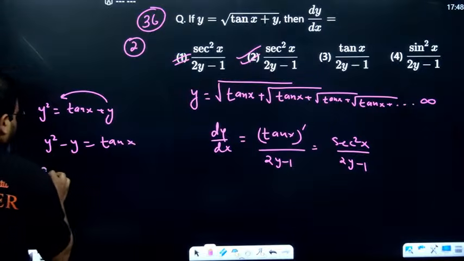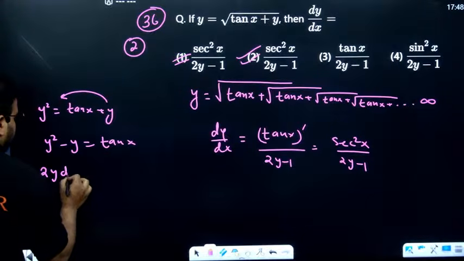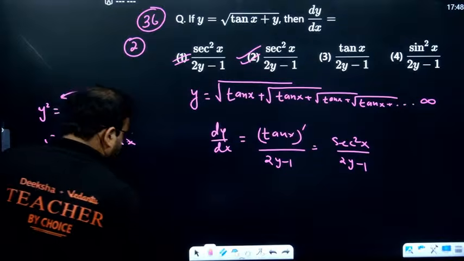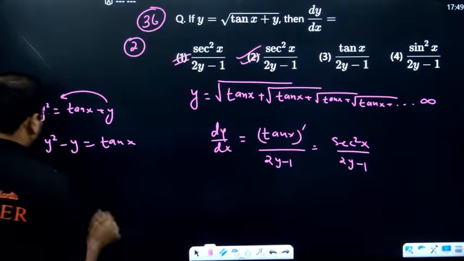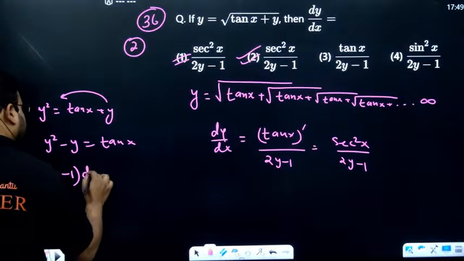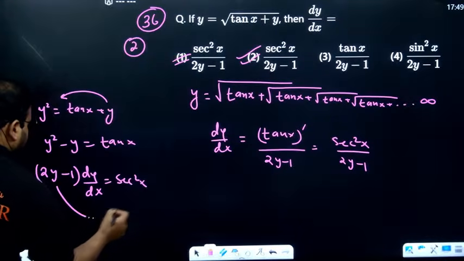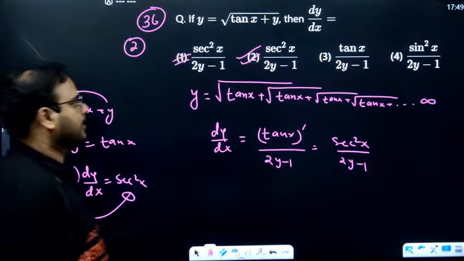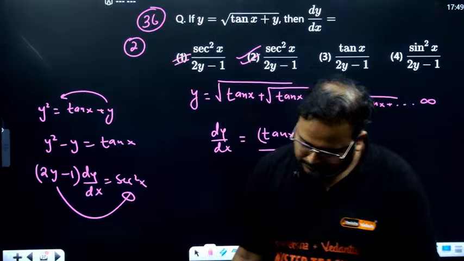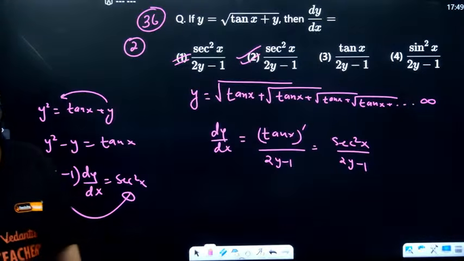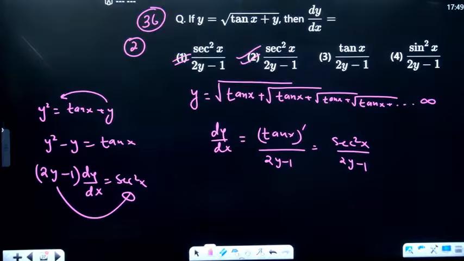Differentiate now. You'll have 2y minus 1 dy by dx equals secant square x. Move to this side. You can solve with this method as well. Okay, they are the same.